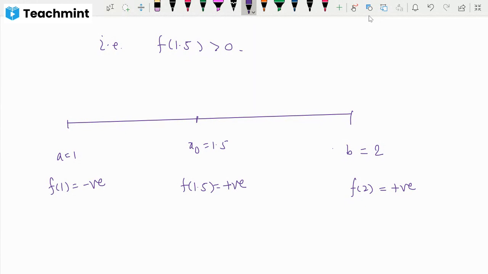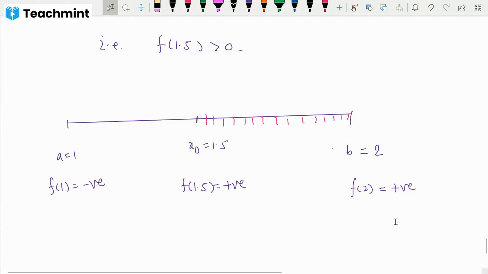Since these have the same sign, we cut this interval. So our root will lie between 1 and 1.5, and in the next step we'll continue this.